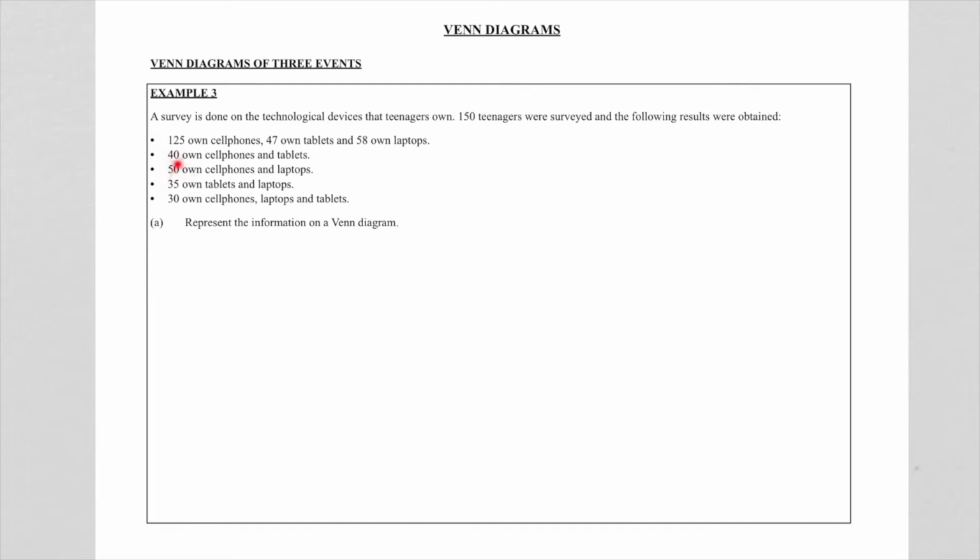Then 40 own cell phones and tablets, 50 own cell phones and laptops, 35 own tablets and laptops, and 30 own cell phones, laptops, and tablets. And they ask us in the first question to represent this on a Venn diagram.